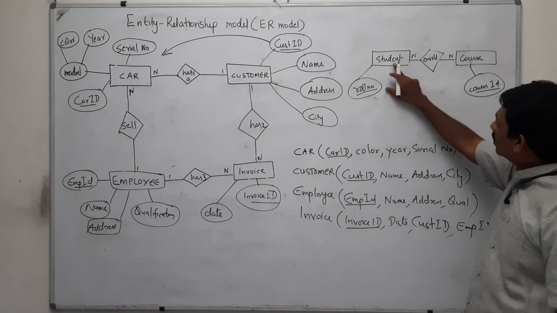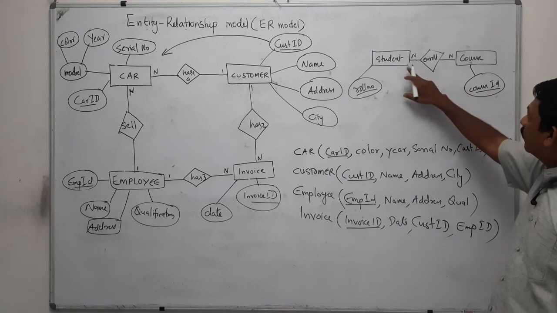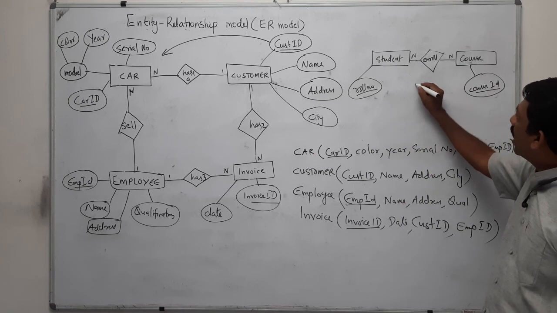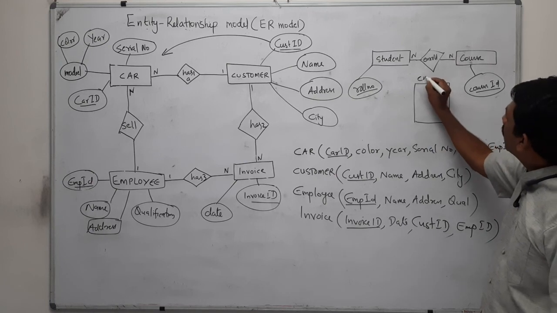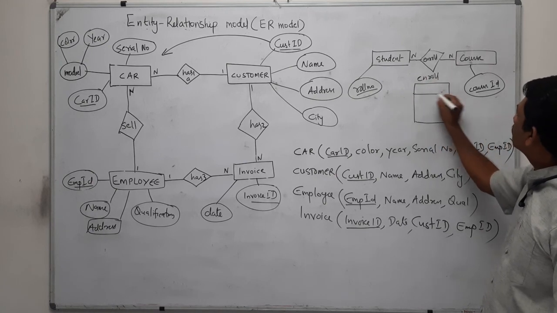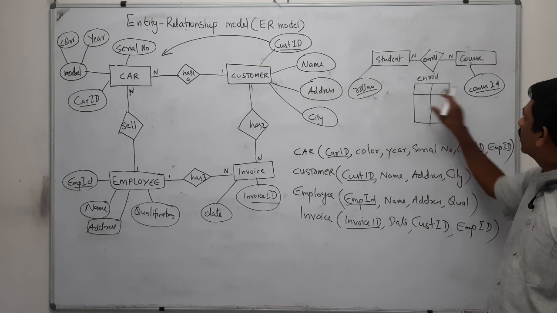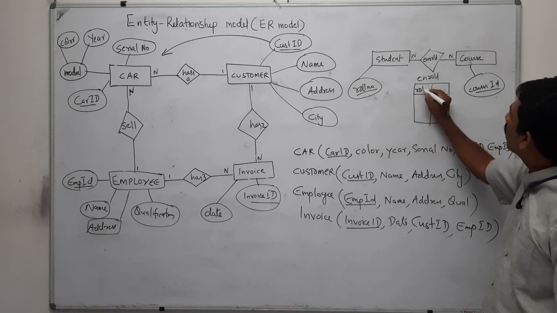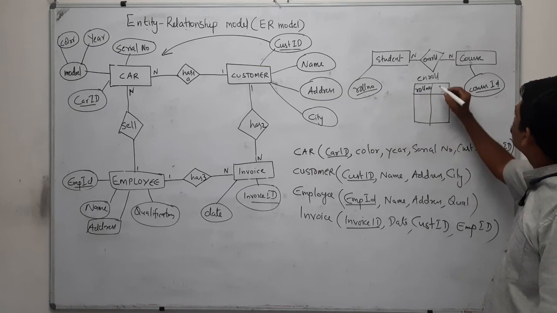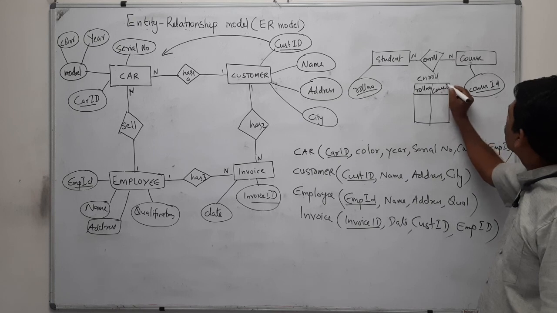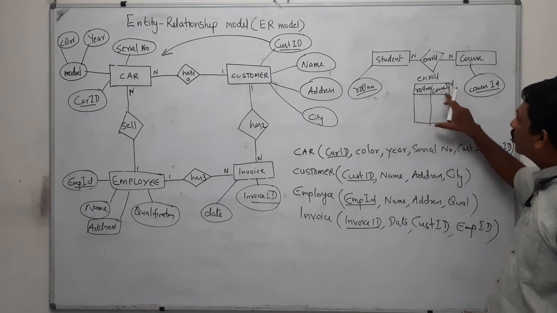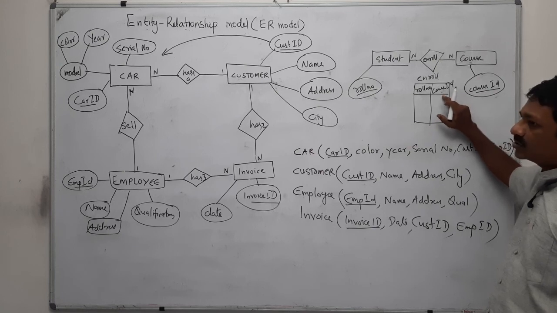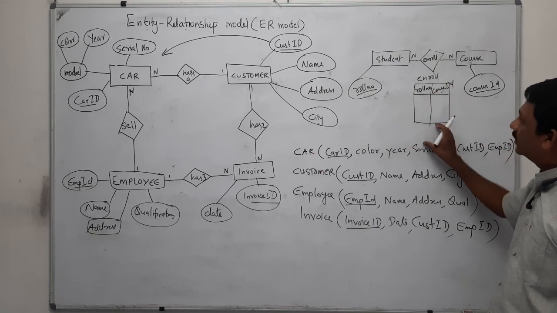So if you want to connect these two, you should have a table called enroll, which has these two primary keys, roll number and course ID. The meaning is that a student with this roll number is enrolled in a course with this course ID, and like that.